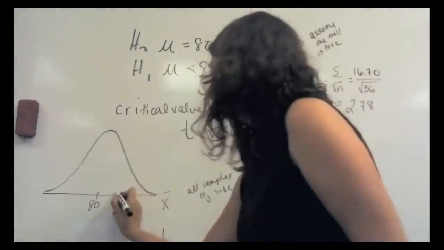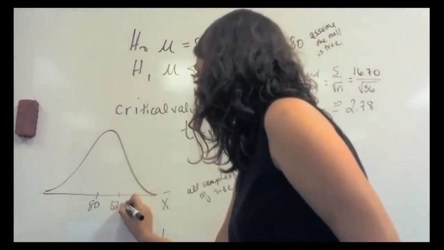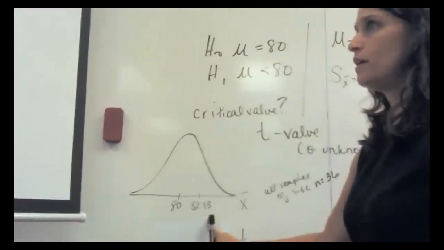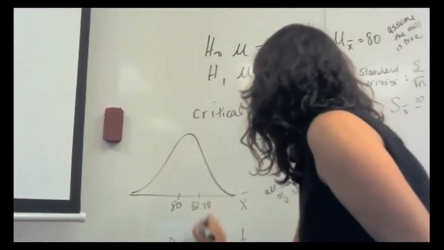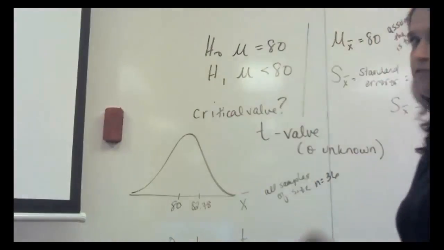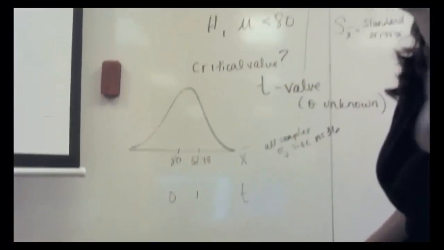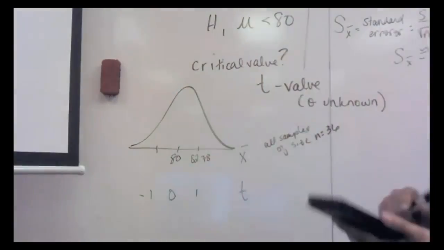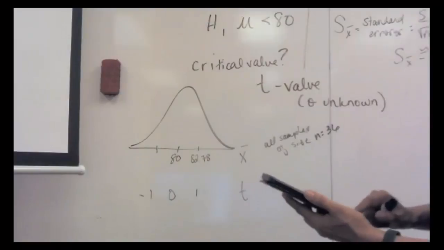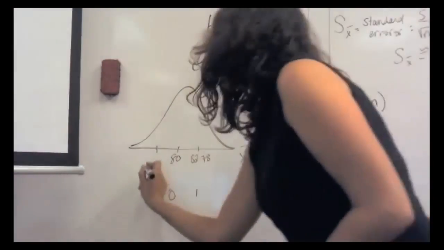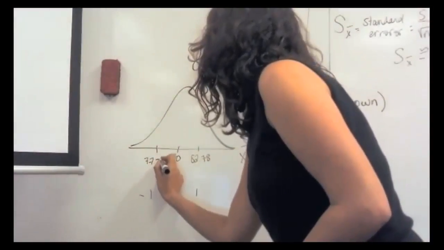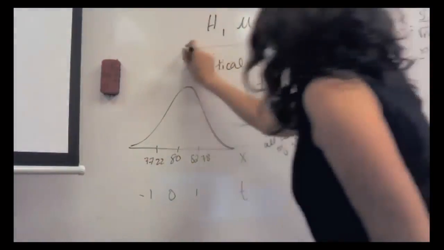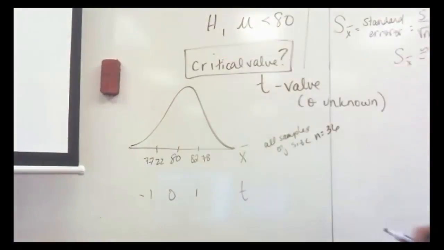So I'm going to go 2.78 above the mean in one direction. That's t equals 0, and that's one standard deviation above the mean. And then negative one standard deviation below the mean is 80 minus 2.78, or 77.22.